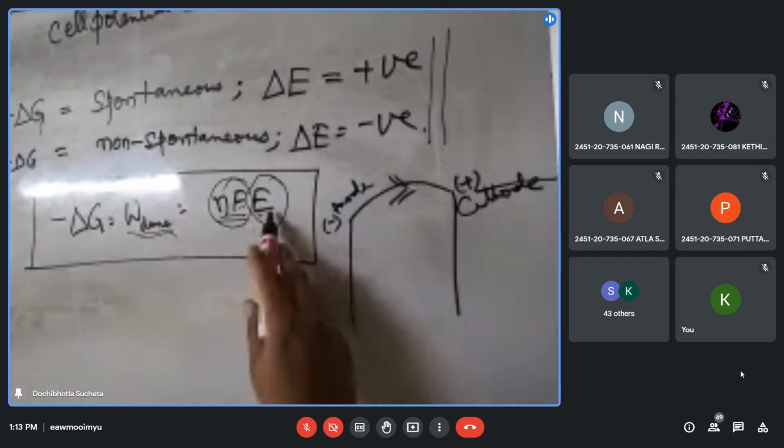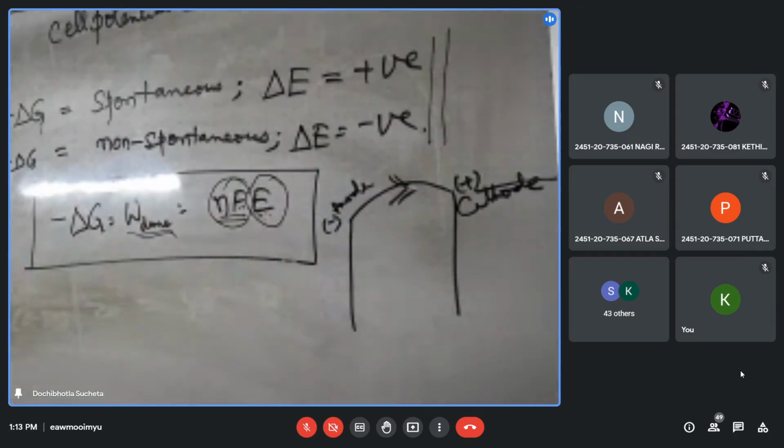G is positive, E is negative, and hence that's the relation between the cell potential and free energy. It is given by the mathematical expression delta G is equal to minus NFE. Okay, understood?